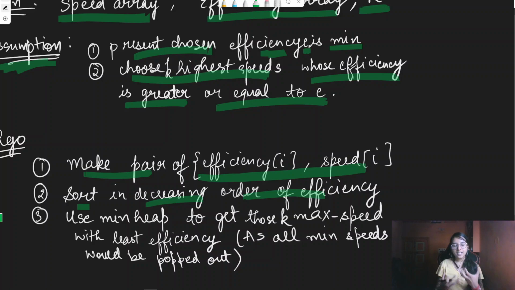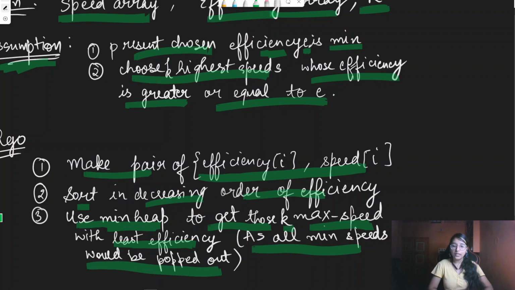And as we eradicate them at that particular moment, those highest efficiencies would also be popped out because they are associated with them, right? So that's the thing here. For all that, we will be using a min heap to get those k maximum speeds with least efficiency, as all min speeds would be popped out. So this is the whole context of this tricky question.